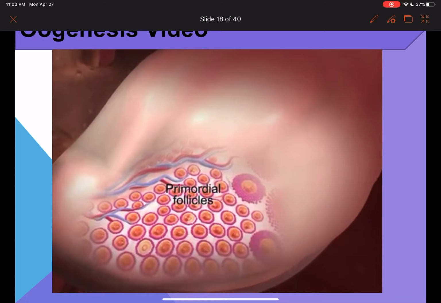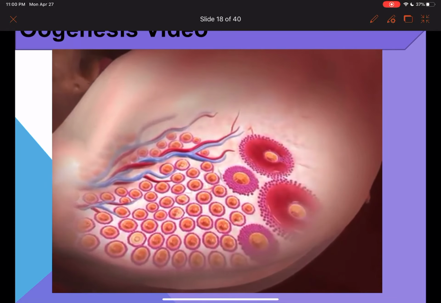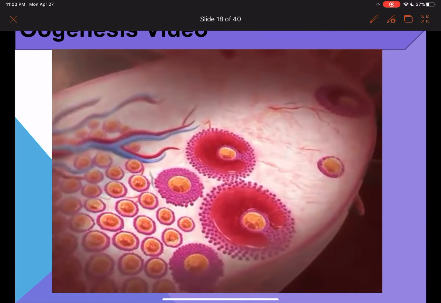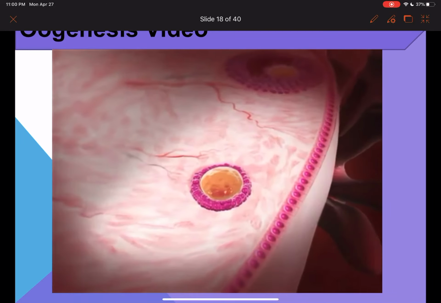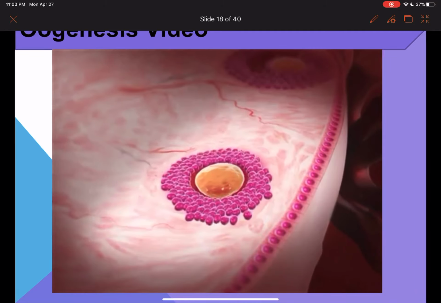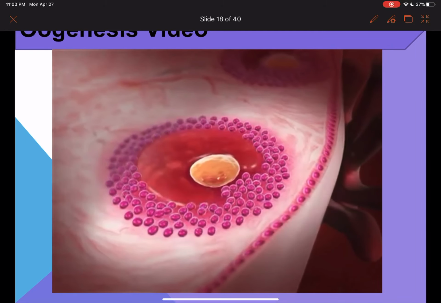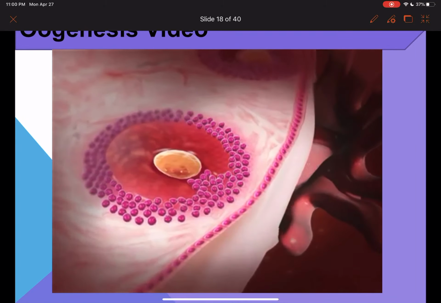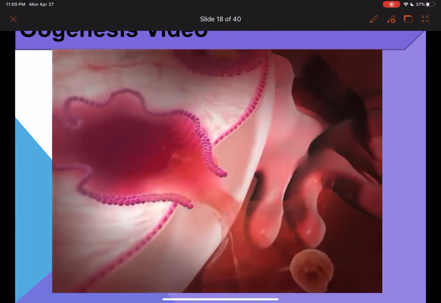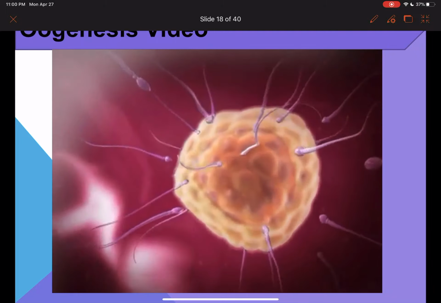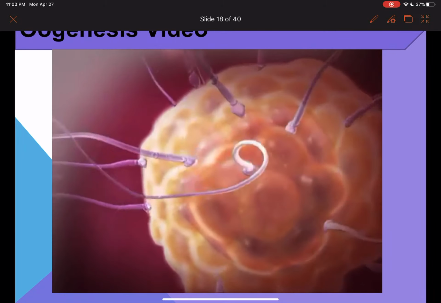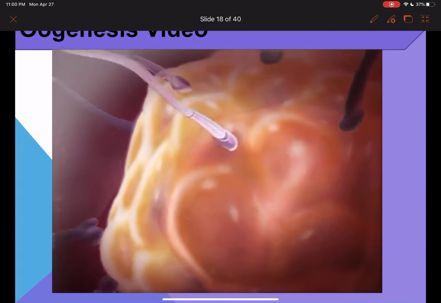Between menarche and menopause, each primordial follicle develops into a mature follicle, and its primary oocyte completes meiosis 1. Some primary oocytes become secondary oocytes, 23 chromosome cells that begin meiosis 2, then pause. Each month, one secondary oocyte is released into the uterine tube. Meiosis 2 is completed when the oocyte is fertilized. The resulting ovum can develop into a zygote.